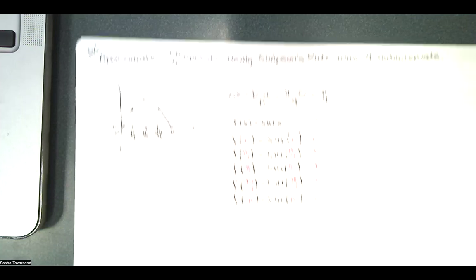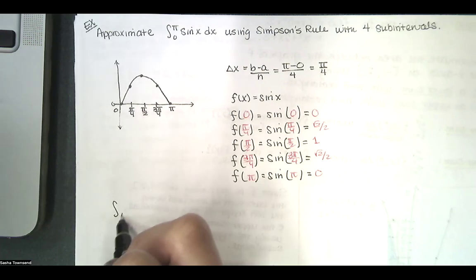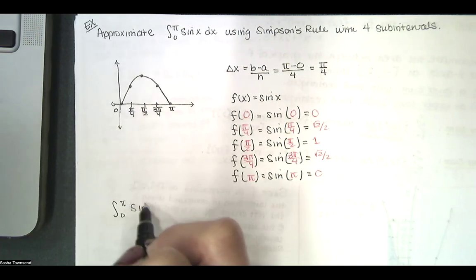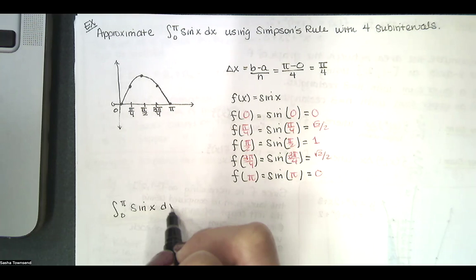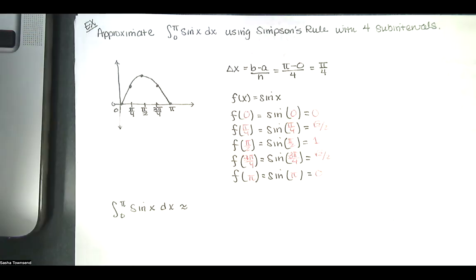Okay. So now we could use Simpson's rule. This is approximately equal to, what was it, b minus a divided by 3n, was that correct? I lost my formula.